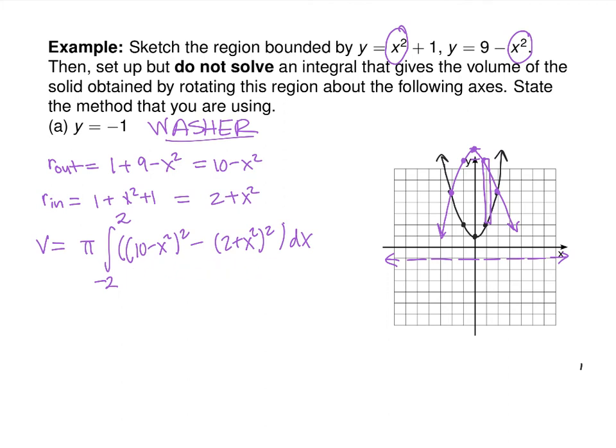So you can use symmetry, and you could say this is 2 pi integral 0 to 2 of 10 minus x squared, squared, minus 2 plus x squared, squared. You don't have to do that, but it is good to know that you can, because if you actually had to solve this integral, it would be a lot easier to do this than the previous one.